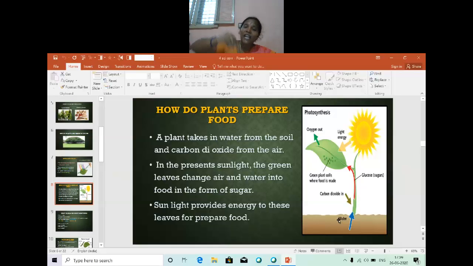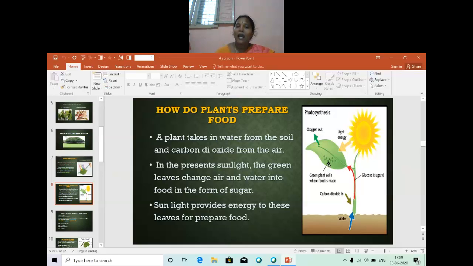They transport the water and minerals from the root into the other parts of the plant, even the leaf also. Then this leaf has the chlorophyll green pigment.